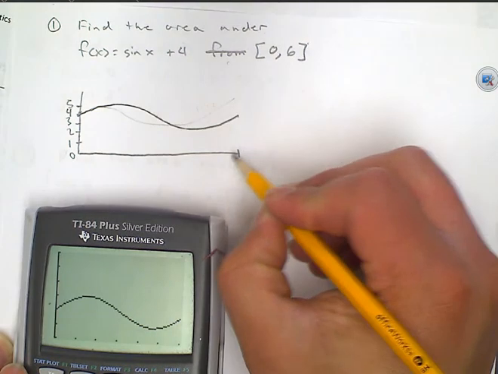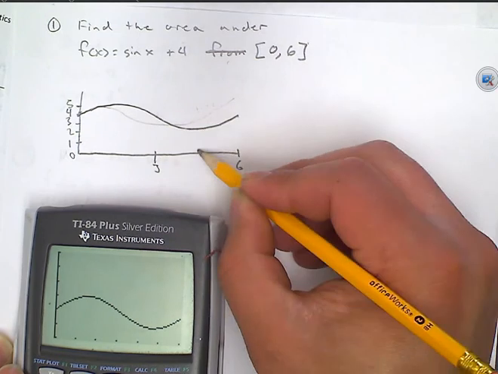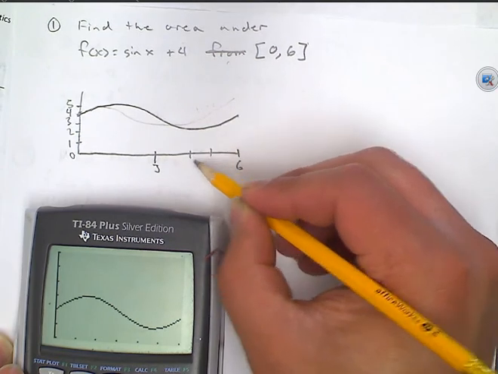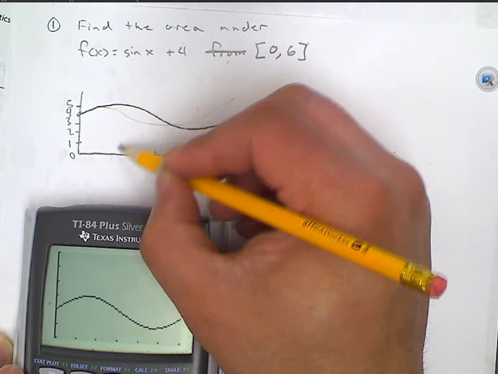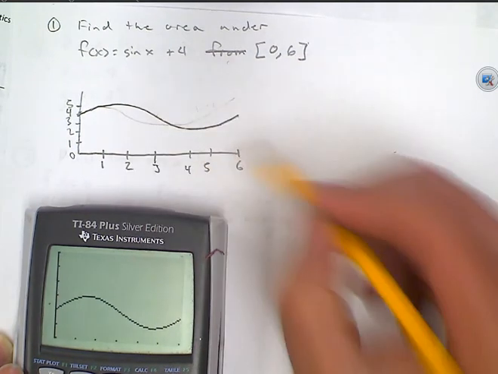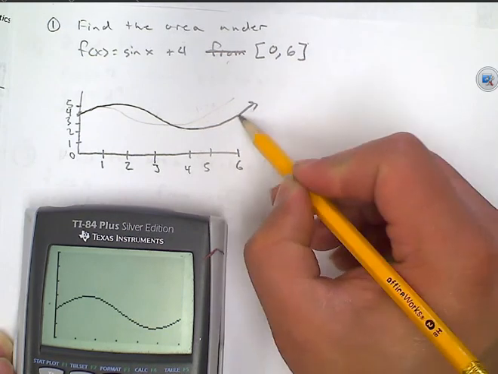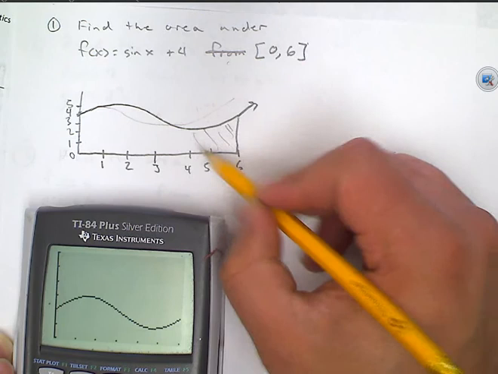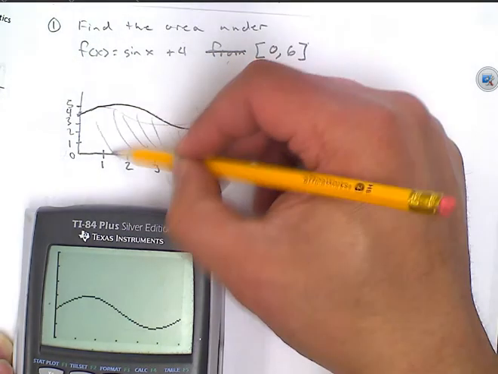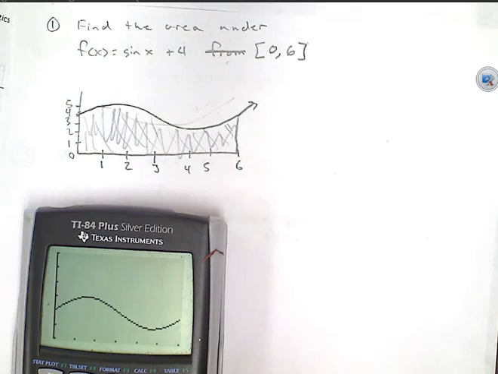So there's 6, 3, 4, 5 in there somewhere, 1, 2 in there somewhere. Sorry, that's a little bit stuck together. So that goes off. We're finding this area under the curve. Remember, the integral only finds the area under the curve.